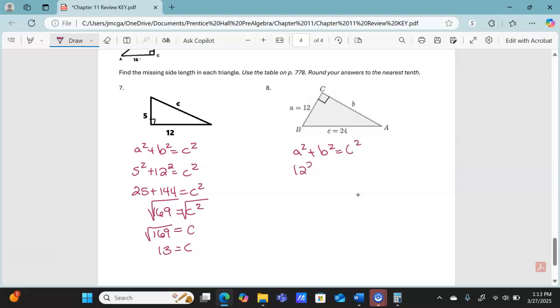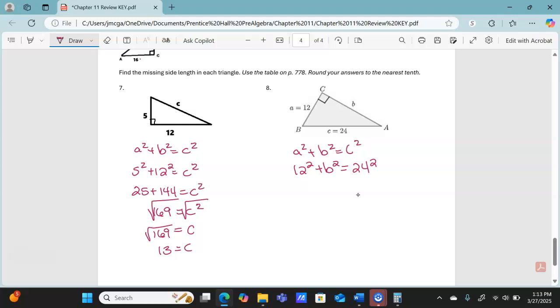On this one, a squared plus b squared equals c squared. So we have 12 squared plus b squared, b is unknown. C is 24. And so we can use our table on page 778. And so 12 squared is 144.